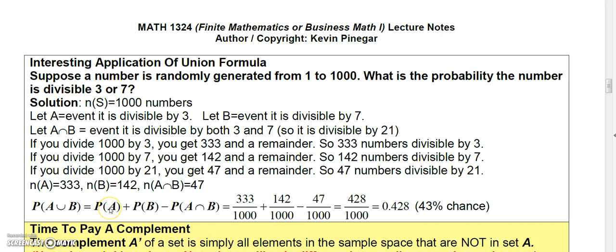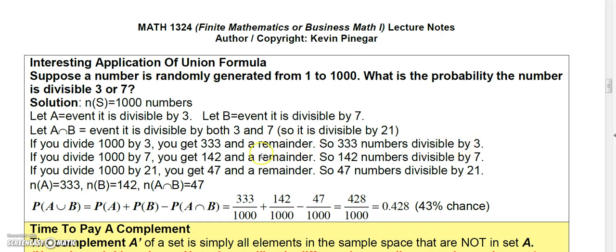So what I need is the probability that a number is divisible by 3, and I need the probability that a number is divisible by 7, and I also need the probability that a number is divisible by 3 and 7. Well, to figure out how many numbers are divisible by 3 from the first 1,000 numbers, just divide 3 into 1,000, and you'll get 333 for the quotient and a remainder, but we don't need the remainder because this tells us there's 333 numbers divisible by 3.